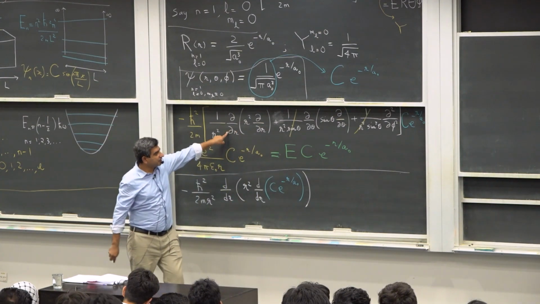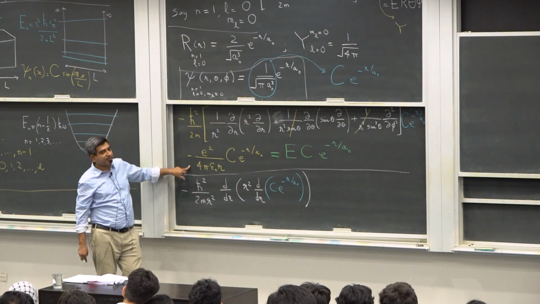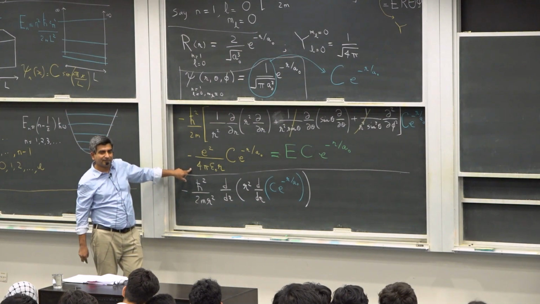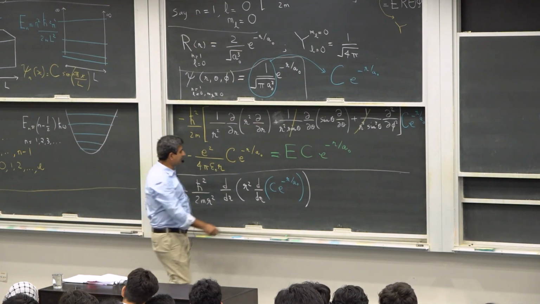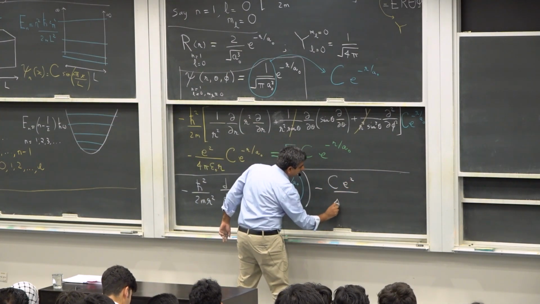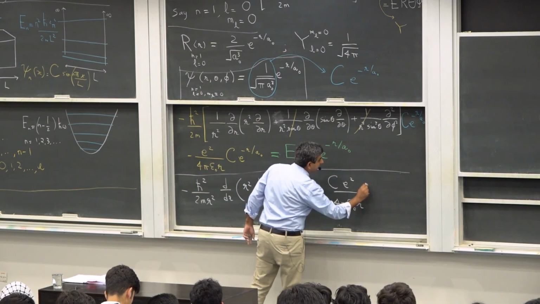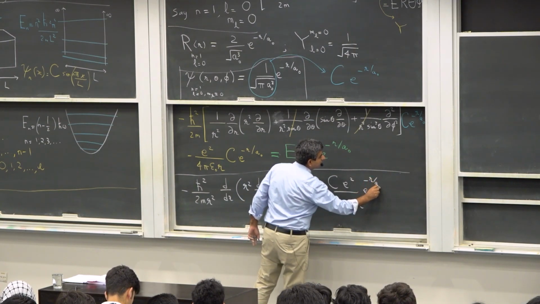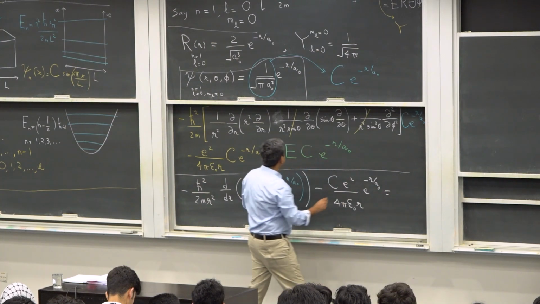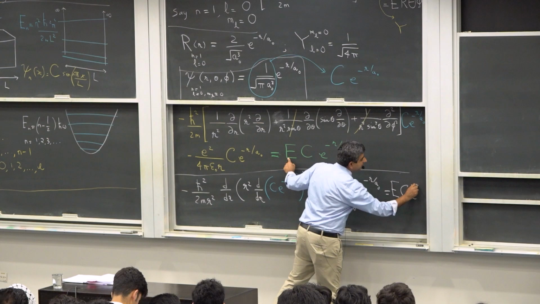So this is the first term, and the second term that survives on the left hand side is this thing. So this becomes minus C E square over 4 pi epsilon naught R E minus R over A naught, and the right hand side is E C E minus R over A naught.